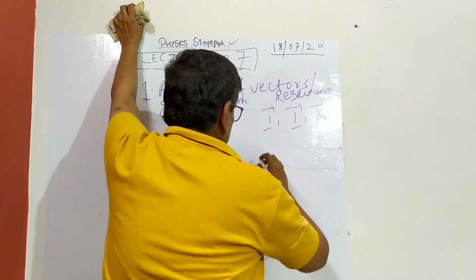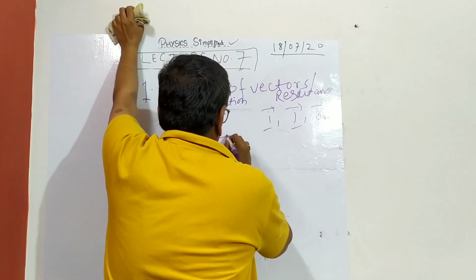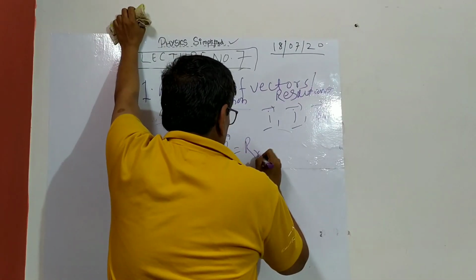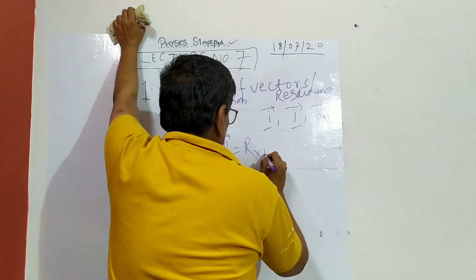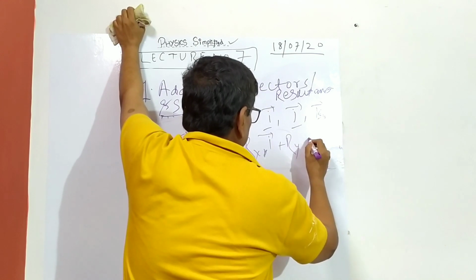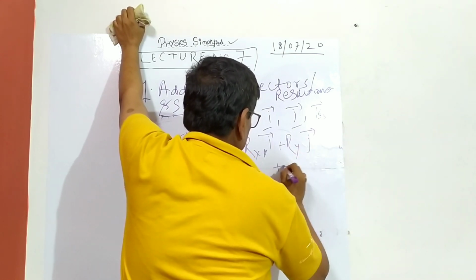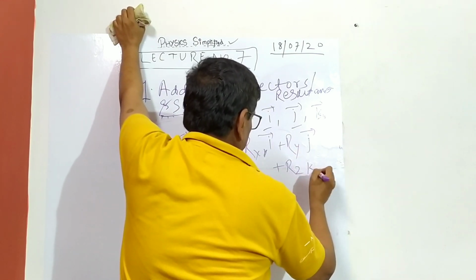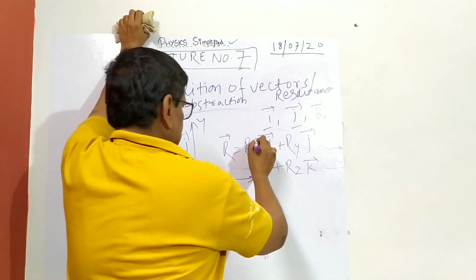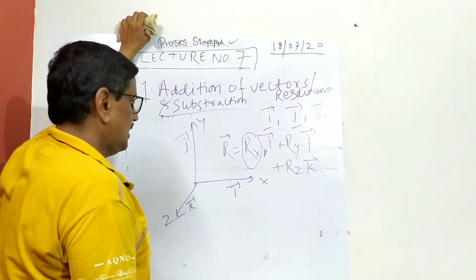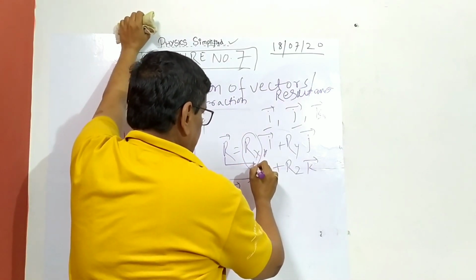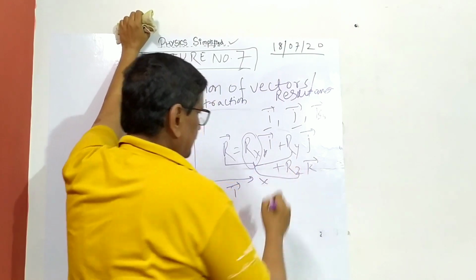So if there is a vector R, it can be represented by Rx i plus Ry j plus Rz k. This is the generalized representation. What is Rx? Rx is the x component of R, and ditto for y and z.